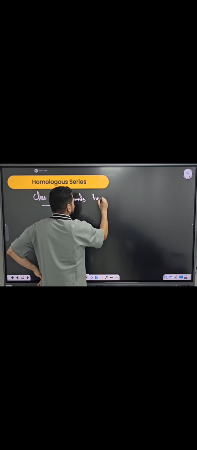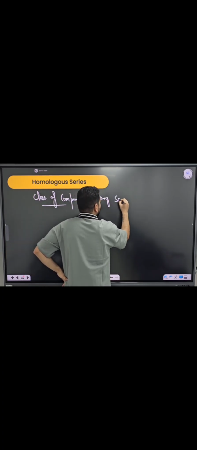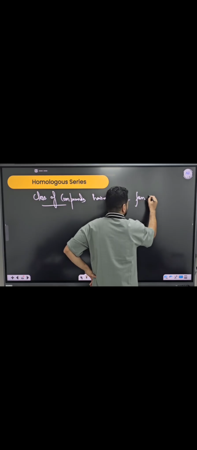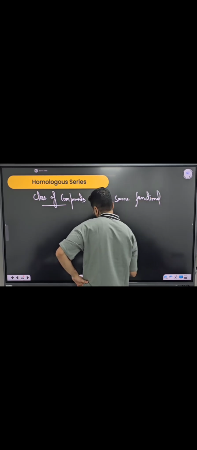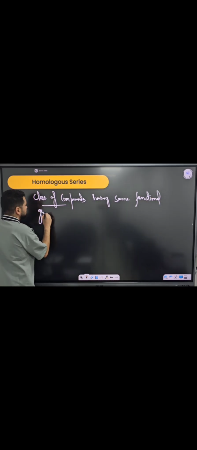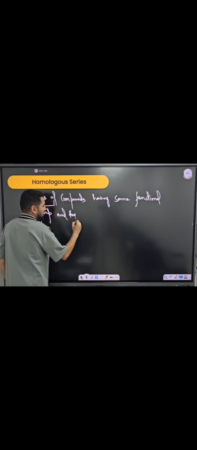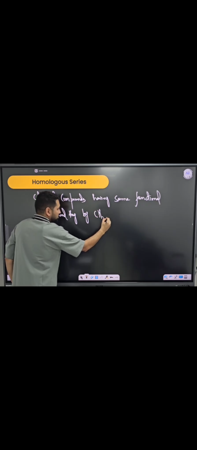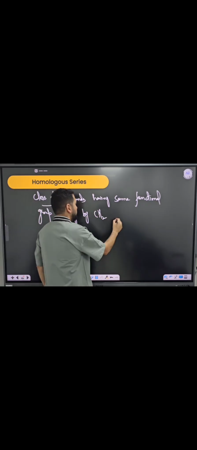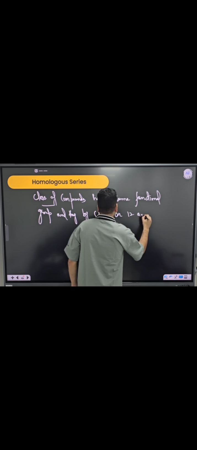Homologous series is actually the series of compounds or class of compounds having the same functional group, and they differ by CH2, or 14 AMU.